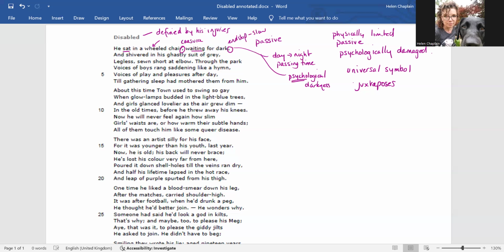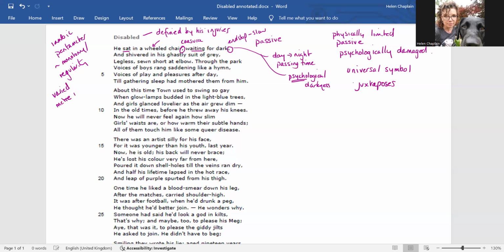In a moment, we're going to see that really it's iambic pentameter throughout. So that 10-syllable de-dum, de-dum, de-dum, de-dum, de-dum beat adds to the sense of monotony and regularity, the idea that there's nothing exciting happening in his life now. But Owen does actually vary the meter in places.